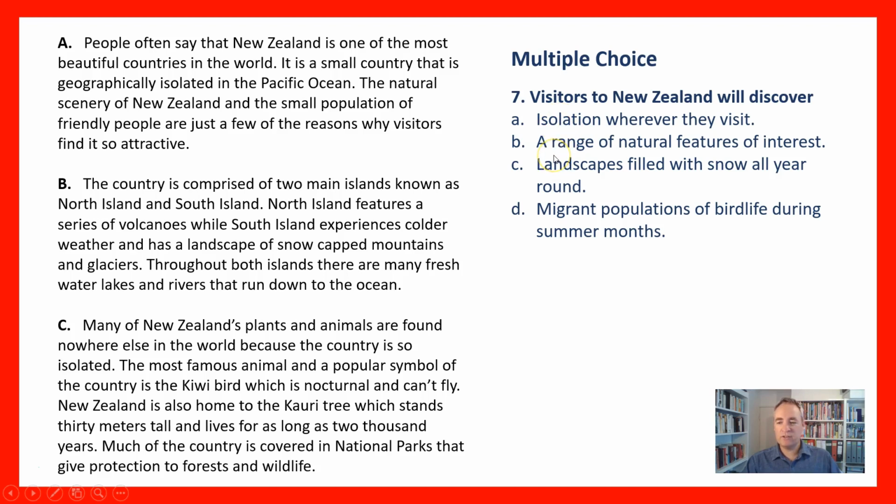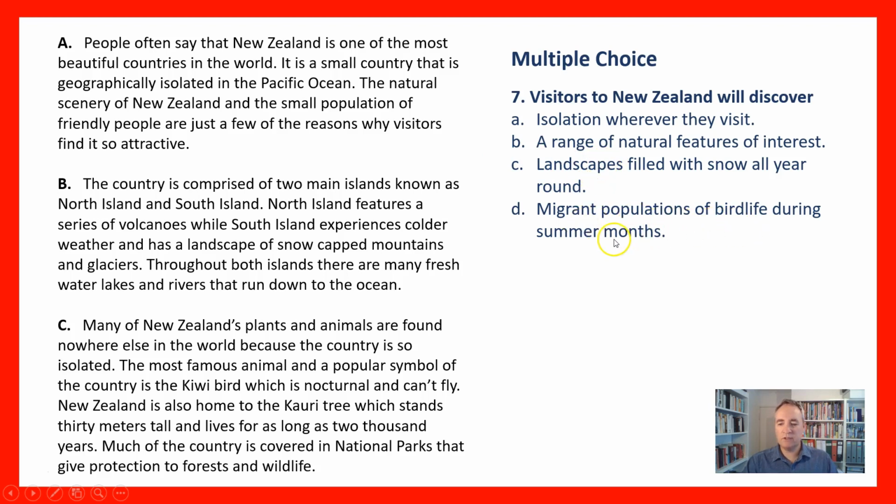A range of natural features of interest. Well, that is possible. Natural features. So we talked about the natural scenery and the animal and plant life. So that's possible, yes. Landscape filled with snow all year round. Snow-capped mountains. But there's nothing about all year round. There's nothing about 365 days of the year. So, and landscapes, like multiple landscapes, I don't think so.